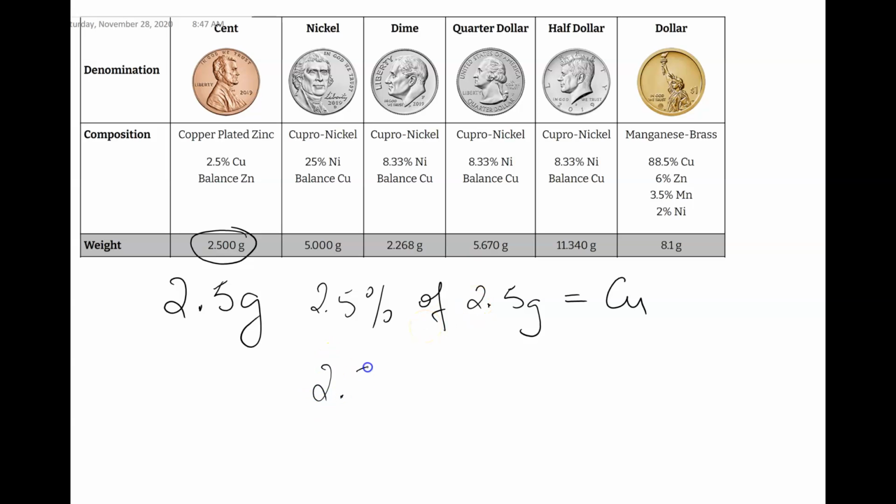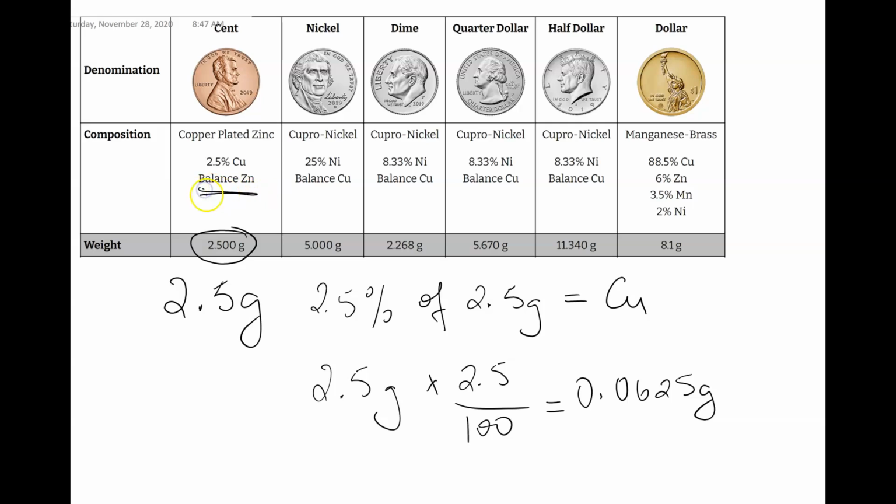You just take the 2.5 grams and multiply by the percentage, which is 2.5 over 100 in fraction form. When you do the math on that, you're going to get 0.0625.